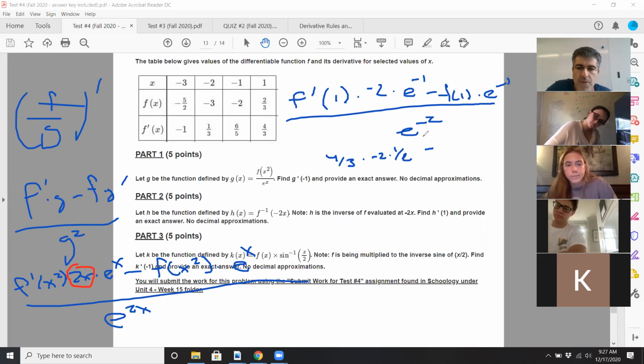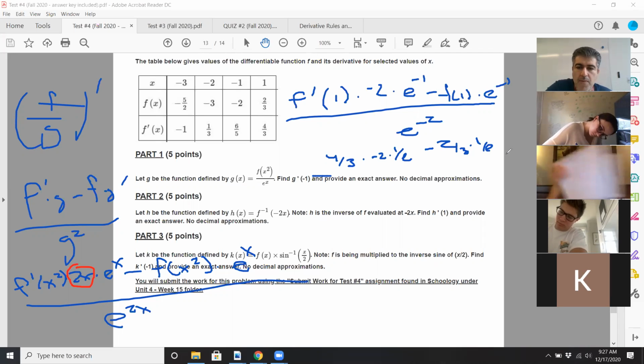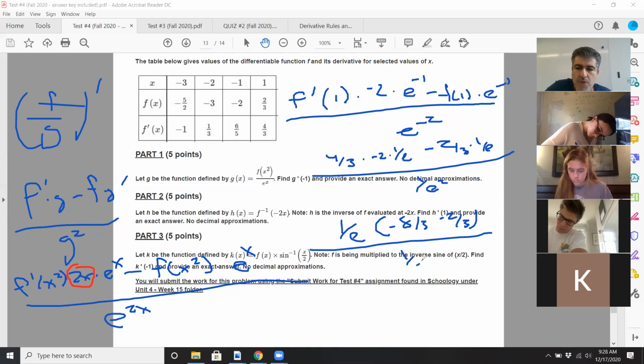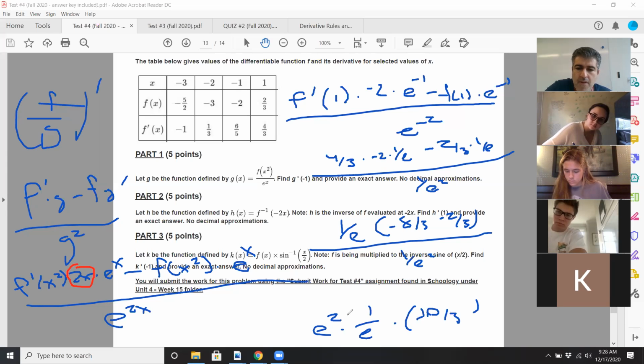And f of 1, of course, is 2/3 times 1 over e. And the bottom is 1 over e squared. You could probably factor out 1 over e from the top. So you have -8/3 minus 2/3. And the bottom is 1 over e squared, which now you can flip. E squared times 1 over e times -10/3. Those cancel, you get -10e over 3.